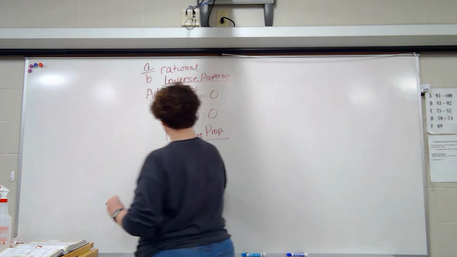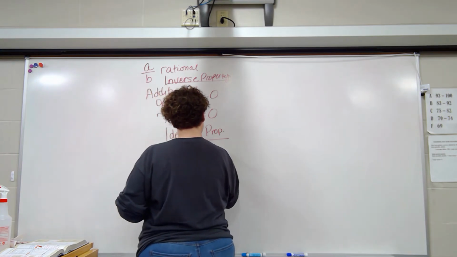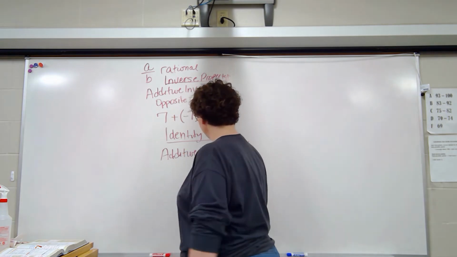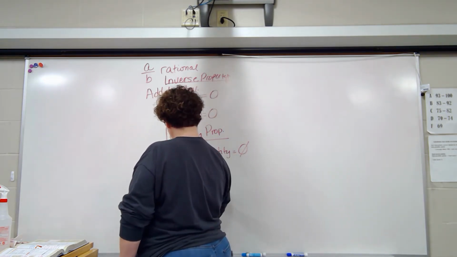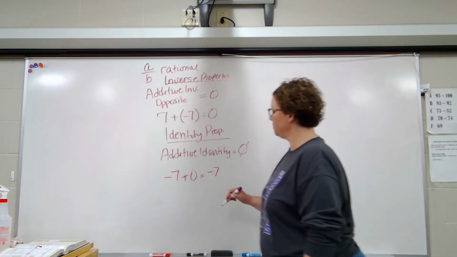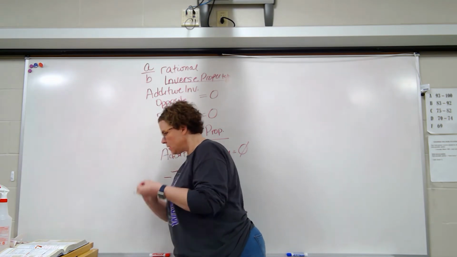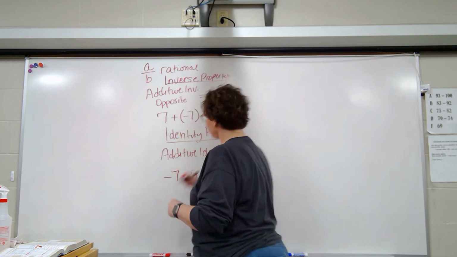The additive identity equals 0. Remember that. So if I've got like -7 and I add 0 to it, I still have -7. This is all in a chart, neat and laid out on page 285.